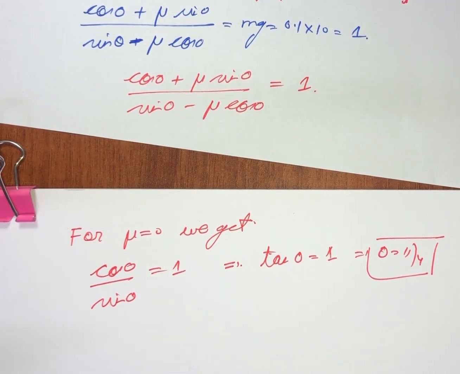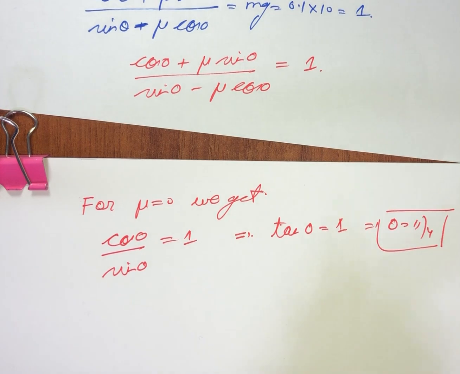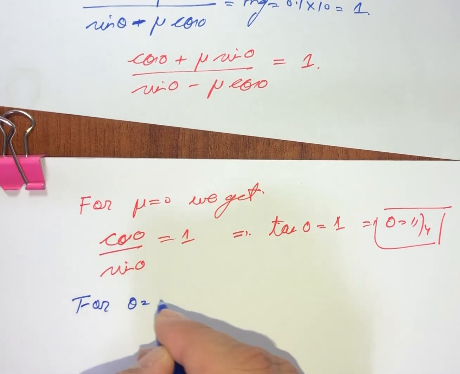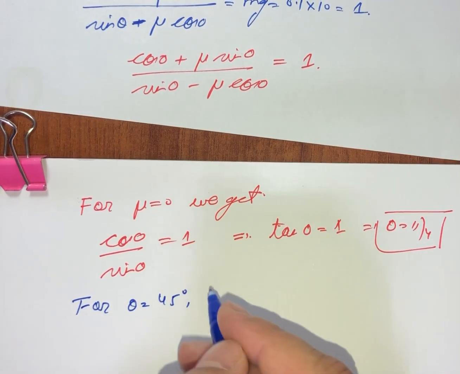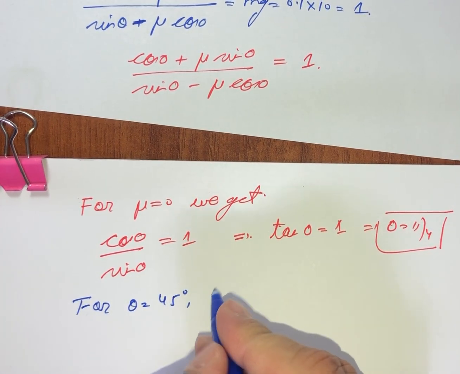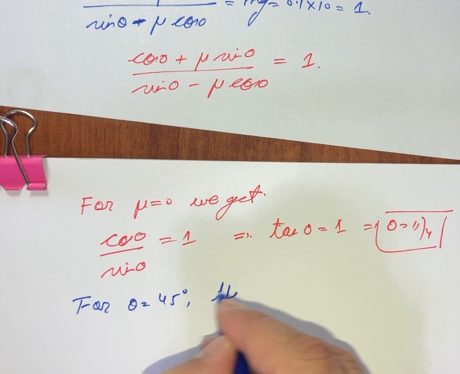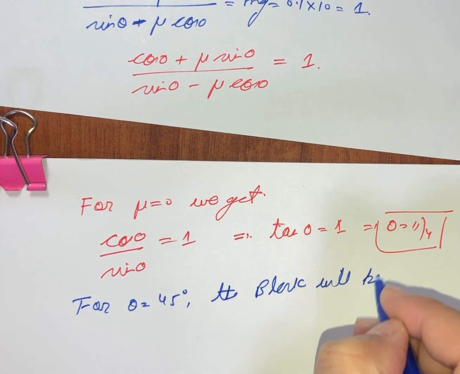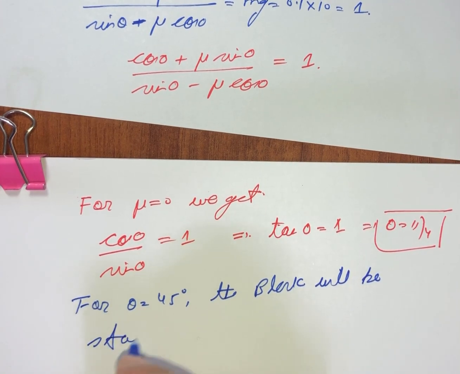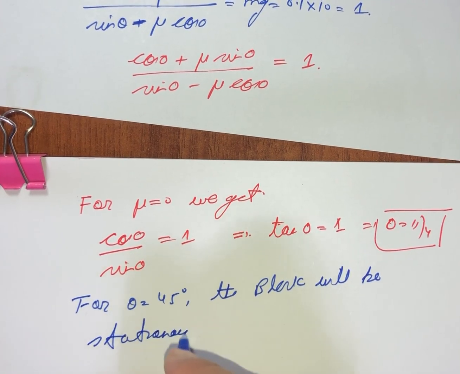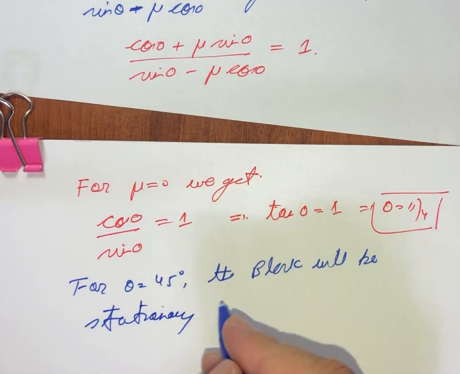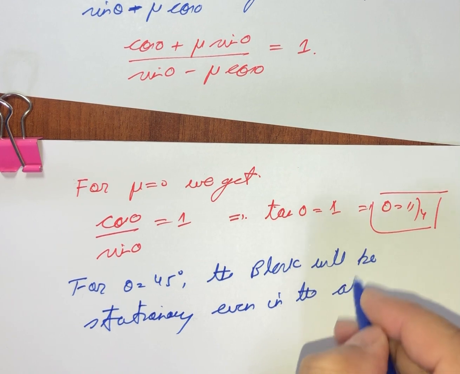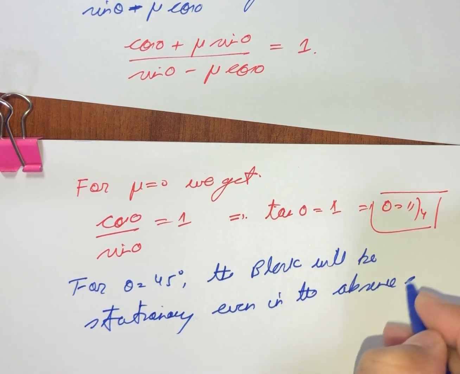You can say from here, for theta equal to 45 degrees, the block will be stationary even in the absence of friction.